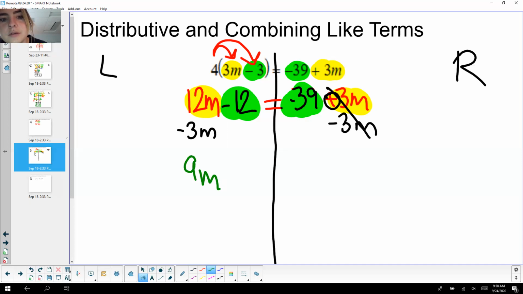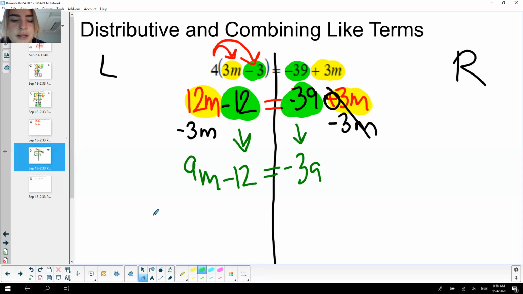I'm going to bring down my negative 12. And I'm going to bring down that constant, negative 39. All right, I'm going to take my highlighter again. So I'm noticing all of my variable terms, my yellows, are on one side, but I need to move those greens on the left to the right because I can't solve for m if I've got stuff on the same side as m.